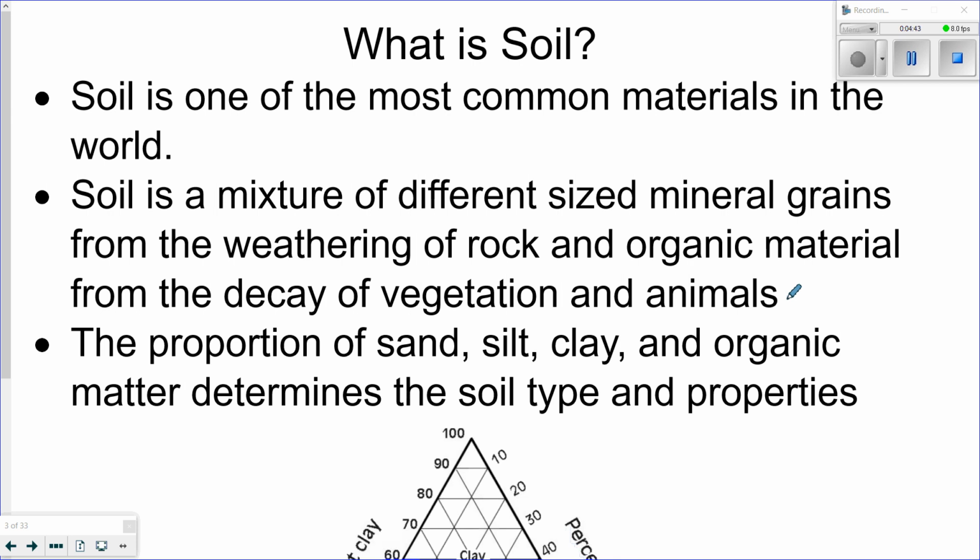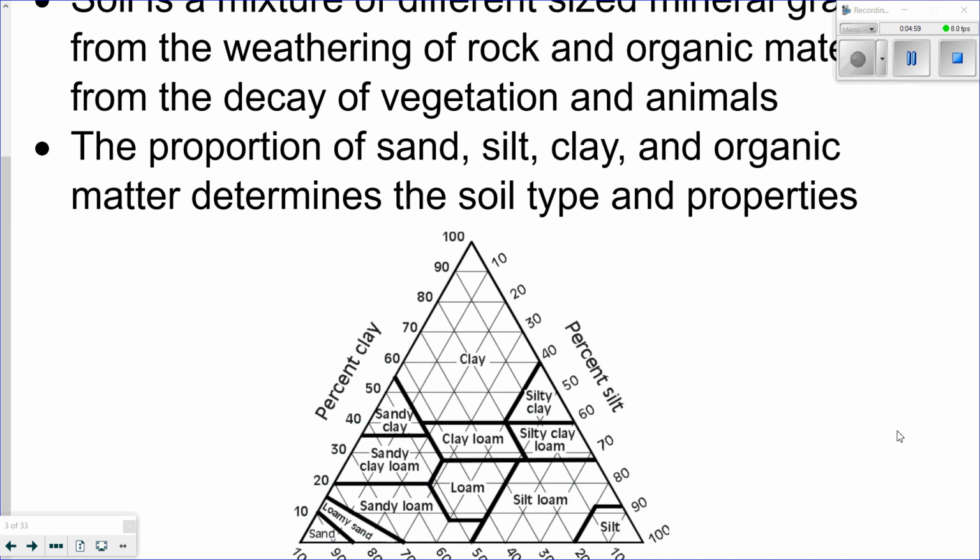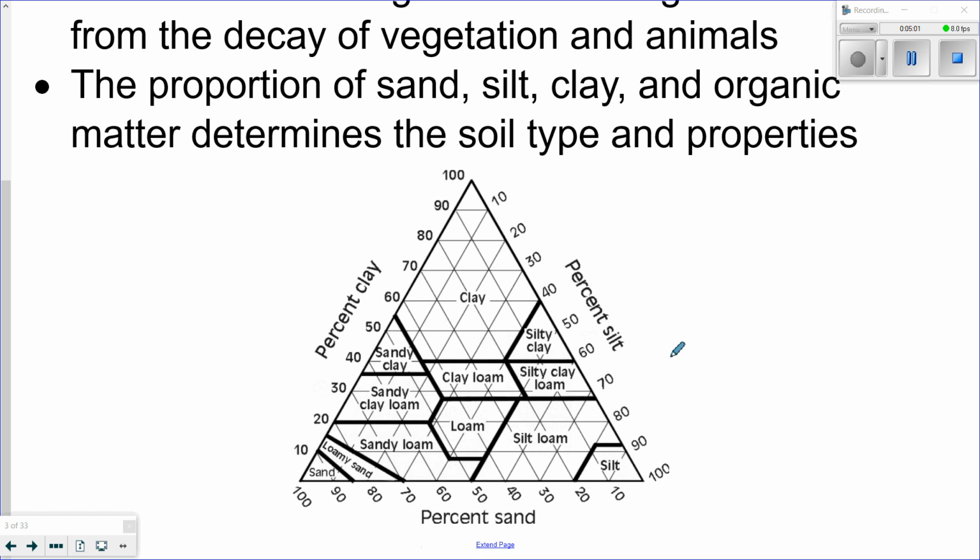And there are different types of soil, and the proportion of sand, silt, clay, and organic matter determines what soil type we have and its properties. So how we can tell what type of soil we have is by using the soil triangle that is down here. And this is something that you would have seen in earth science. If you have already taken APES, you've seen this at some point in time.